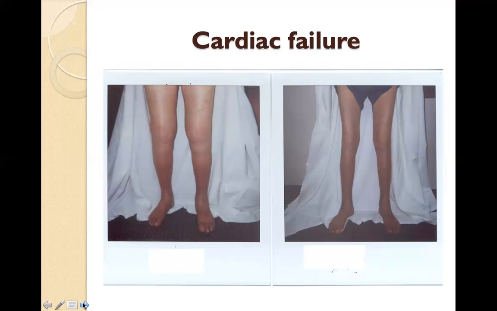So in that case, you do not treat this individual. This is a medical emergency. He needs to be seen by his cardiologist. Had I said, sure, we'll just go back into compression and issued new compression stockings or applied compression bandaging, we would have created a much, much greater load on the heart and potentially have killed him.